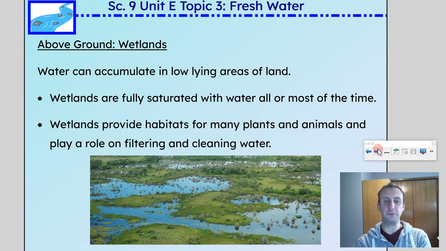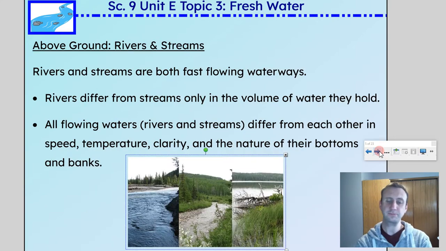They are fully saturated, which means that they are full of water all or most of the time. Wetlands provide habitats for many plants and animals, and play a role in filtering and cleaning water as well. They are very important, but unfortunately wetlands are often being destroyed, as you also learned in that Bill Nye video.